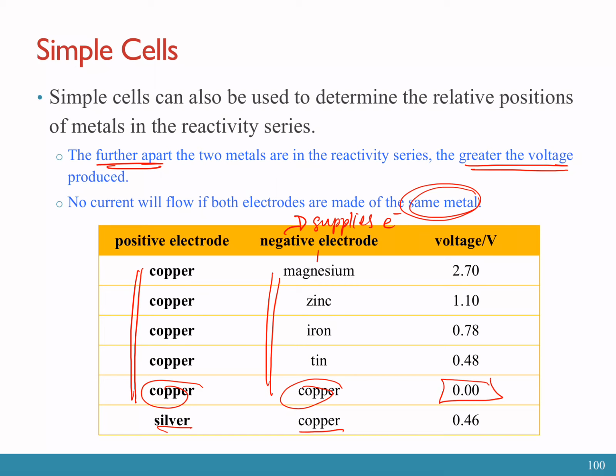Hence it is also the place where oxidation takes place: lose electrons, oxidation. And this oxidation is always of the more reactive metal. So you can see that the further the distance, the greater the voltage difference.